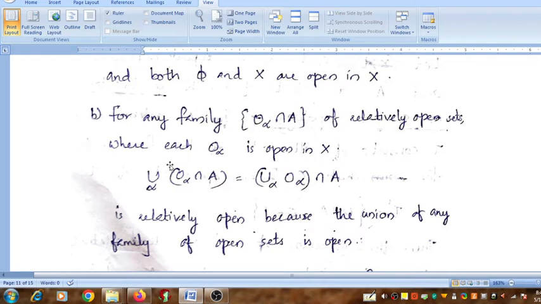See, for that, when we take any collection, you can take them as O alpha, where alpha is used to index or to label the open sets. So O alpha, you know that all the members of tau prime have the form O intersection A. Why?